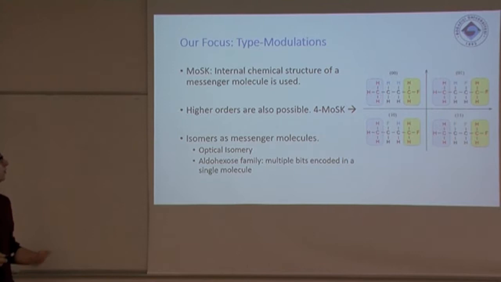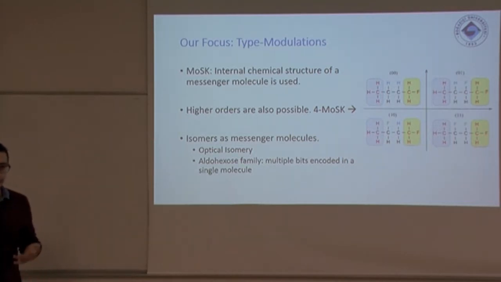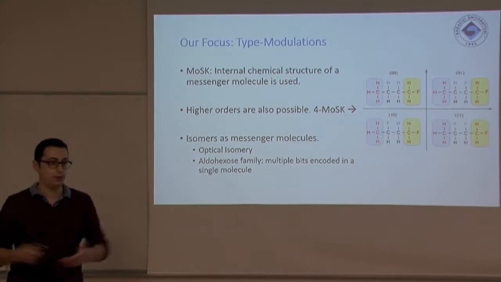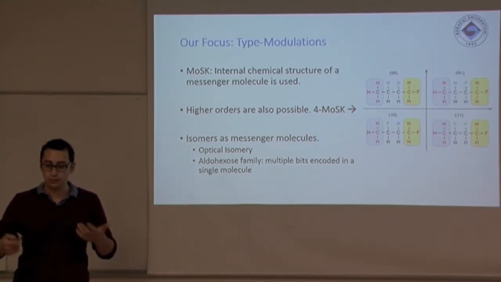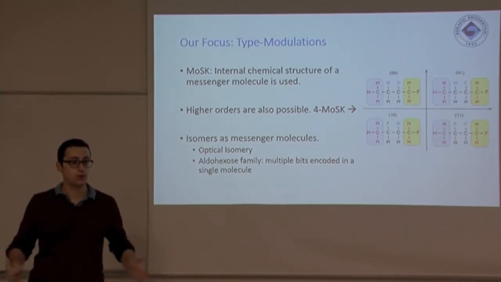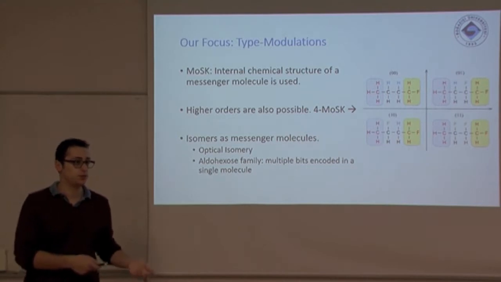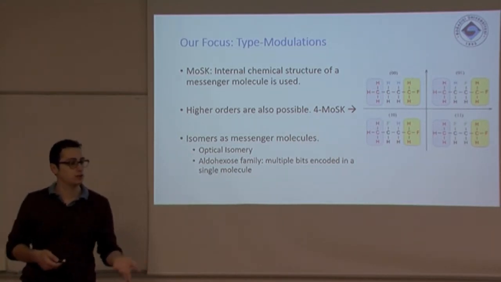So basically, Mosque uses the internal chemical structure of a messenger molecule. And this is a really good concept, actually. So this is a small molecule, right? But we have DNA molecules. We have amino acid chains, more complex sugars, for example. So we can use more complex, bigger molecules, and embed even more information there. And this is a big possibility because the channel response is pretty much given to us.